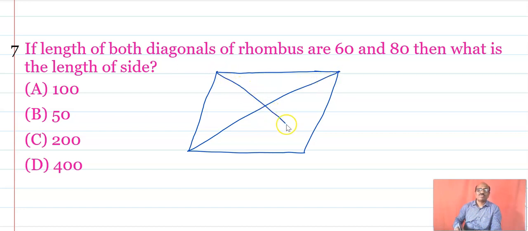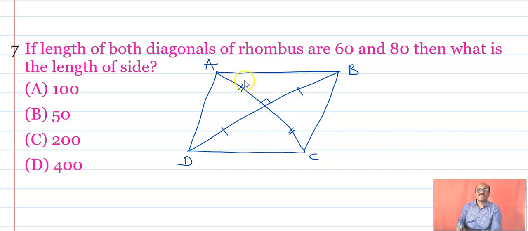Diagonal कसे असतात तर ते दोन्ही एकमेकांचे perpendicular bisector असतात. Okay.